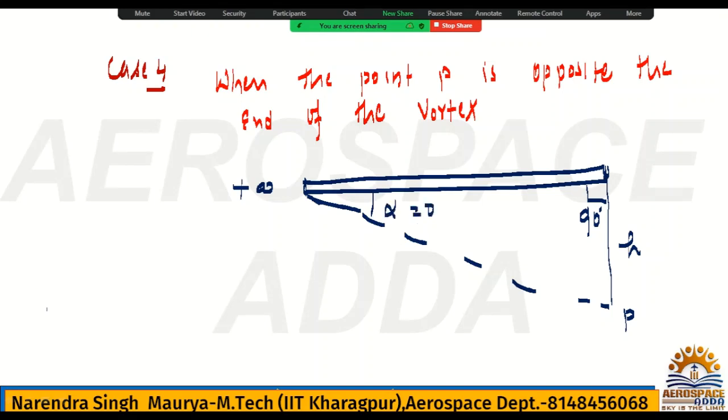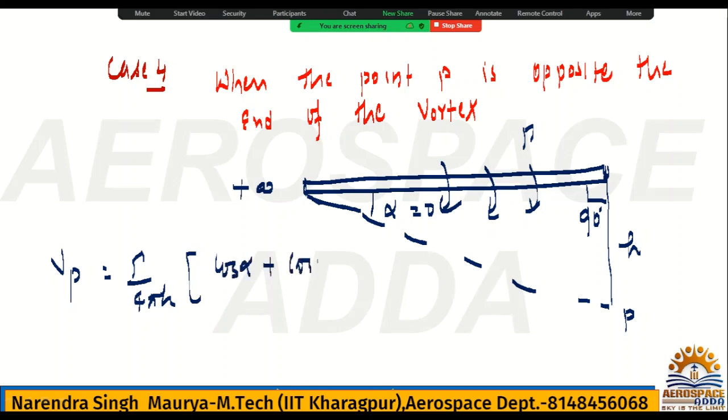What will be the VP here? If the circulation they have given, what will be the VP? It is circulation upon 4 pi h cos alpha plus cos beta. It is circulation upon 4 pi h, cos alpha is 1, plus cos beta, meaning cos 90, which is 0.